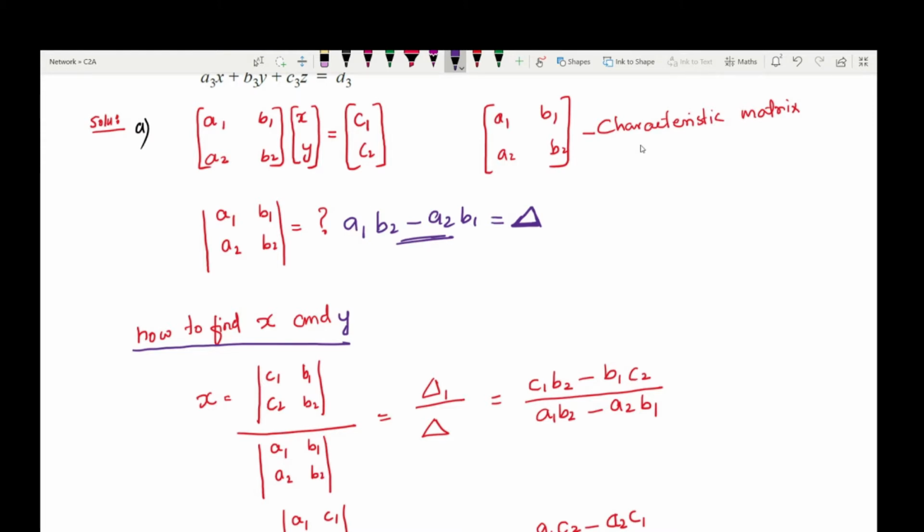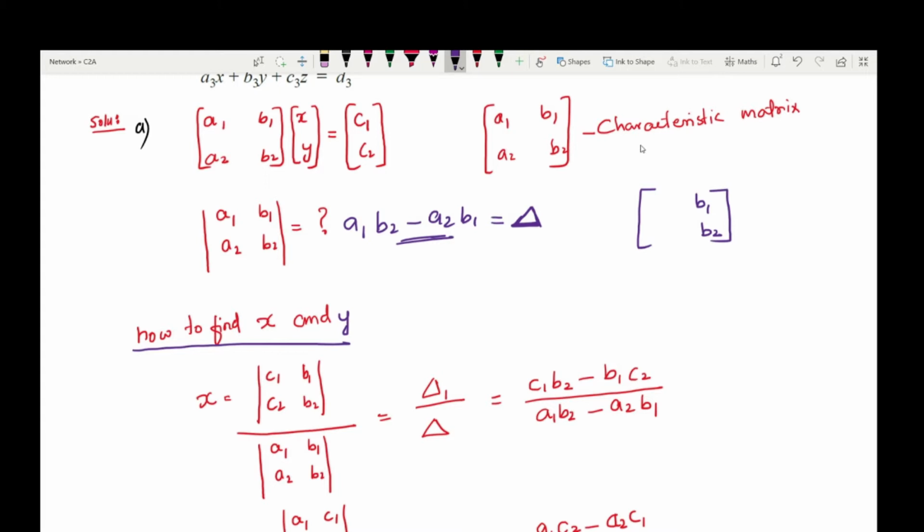Now, in order to find the first variable, what we are going to do is, what is the first column entry here in this characteristic matrix? A1, A2. That matrix's first column entry is removed. We are retaining B1 and B2. I will repeat. In order to find x, the first variable, the coefficient corresponding to x is the first column entry.